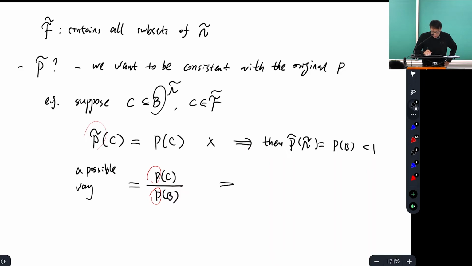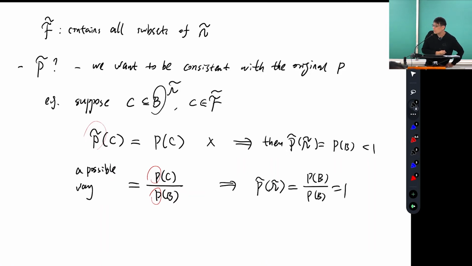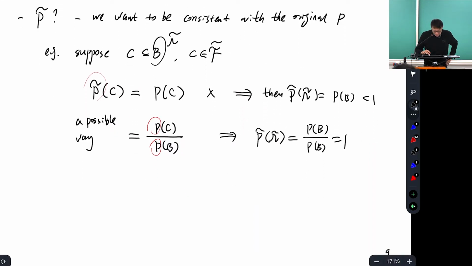In this way, the probability tilde of omega tilde would be P of B divided by P of B, which is 1, right? It satisfies the axioms, because now B occurred. So the conditional probability of B given B occurred has to be 1. So you have to normalize it and make sure this is 1.